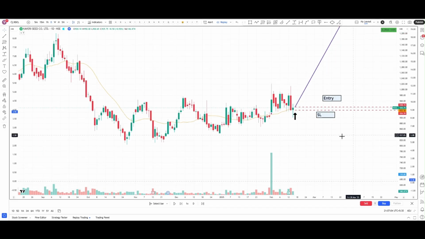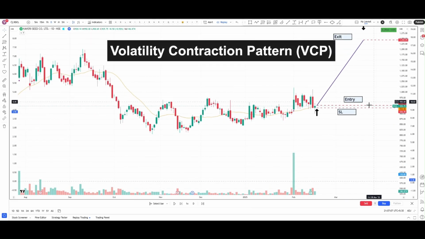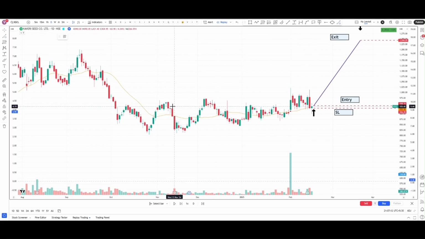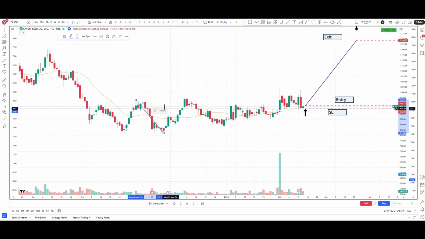The first was the volatility contraction pattern, which is also known as VCP. What I noticed during this consolidation was that when the price was falling from this level to this level, the price fell around 16%. Then the price started moving up, and again it fell, but this time the fall was around 13.5%.